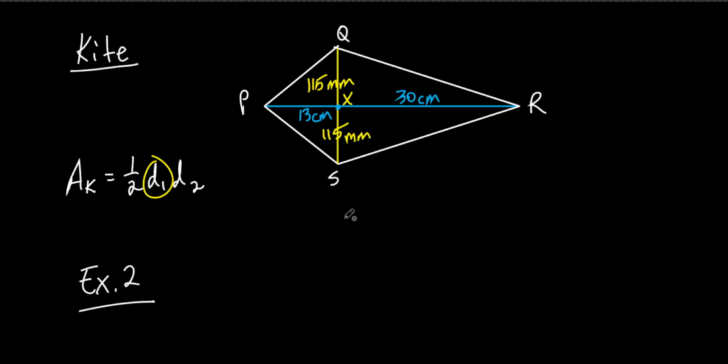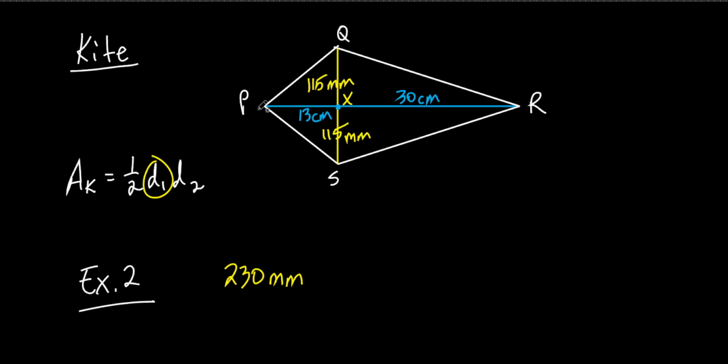What's the whole QS going to be? 230. How'd you get 230? Just adding them up. To find the whole yellow diagonal, you add them up, and that gives you 230. But it's 230 what? Millimeters.